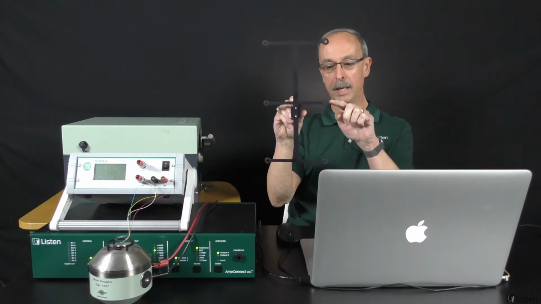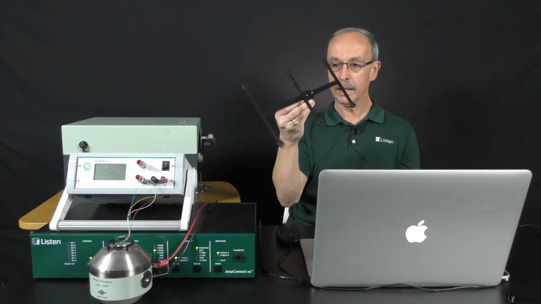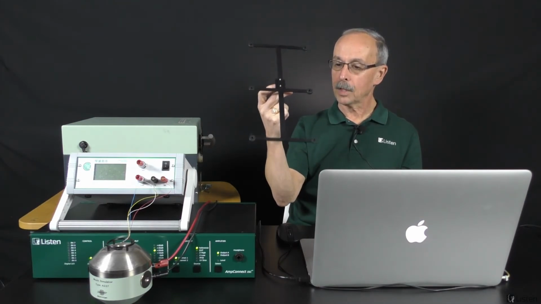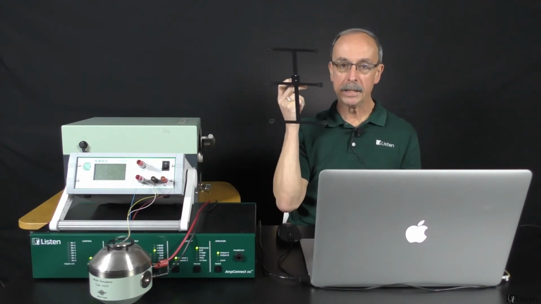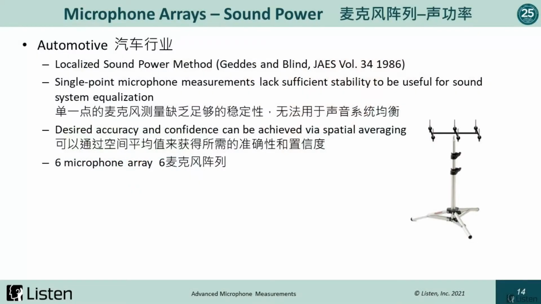The microphones are spaced about 15 centimeters apart, and generally in the automotive cabin, the array would be located at the user's head position and oriented in approximately a 30-degree angle. And there's another image of one with some microphones actually mounted on it.